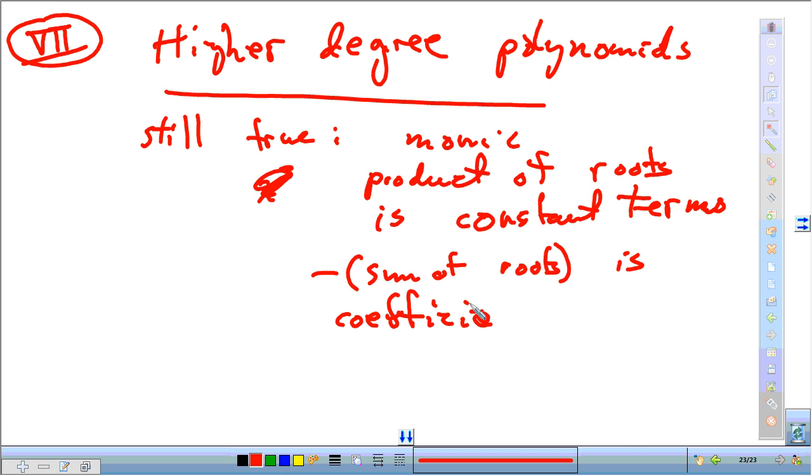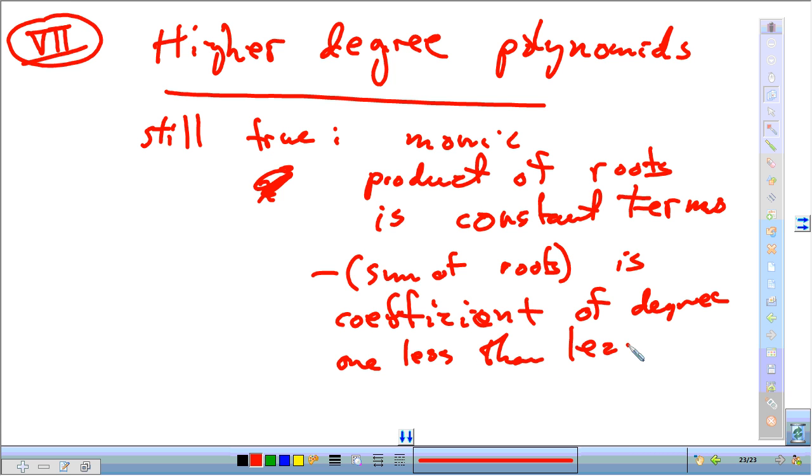And now the sum of the roots, changing sign, is still one of the coefficients. So you can find the leading term, look at the term that's 1 degree less.